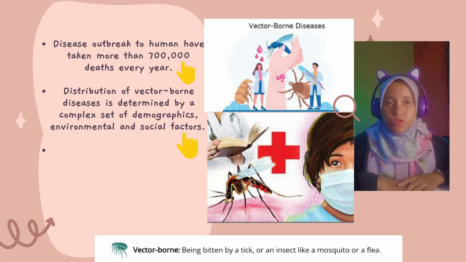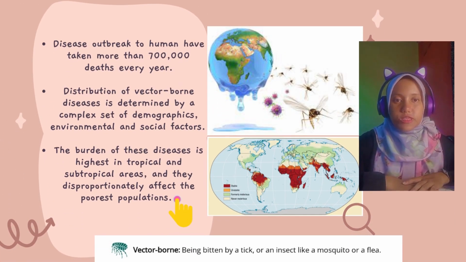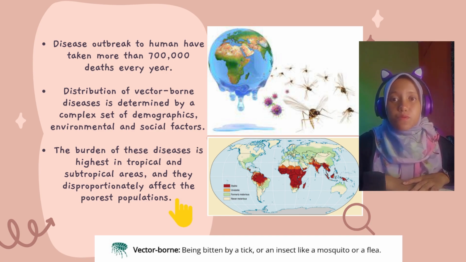The distribution of vector-borne disease is determined by a complex set of demographic, environmental, and social factors. The burden of this disease is highest in tropical and subtropical areas, and it disproportionately affects the poorest populations.